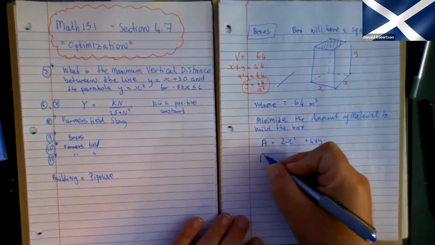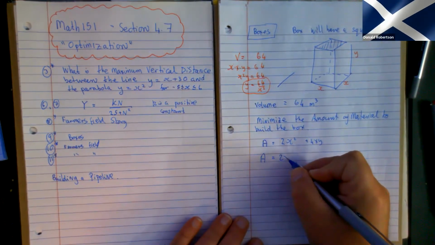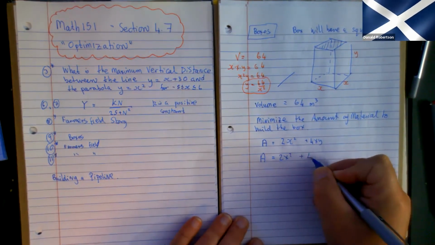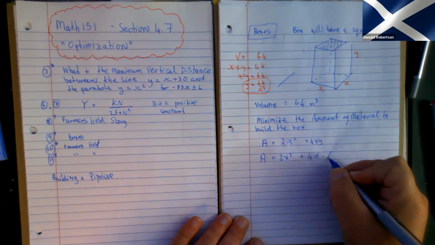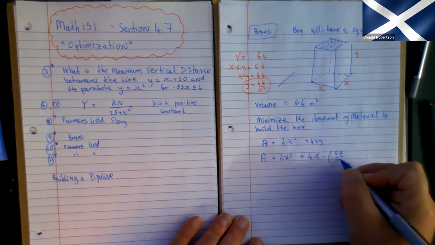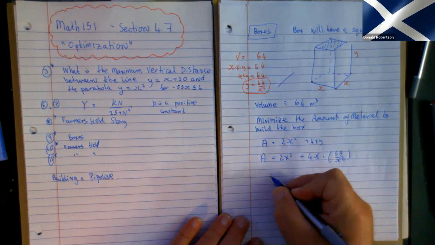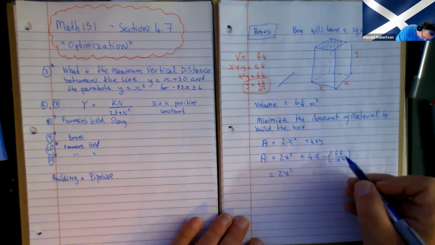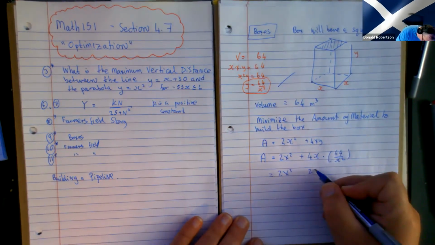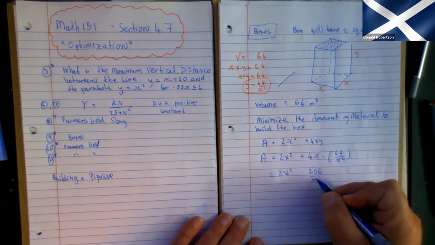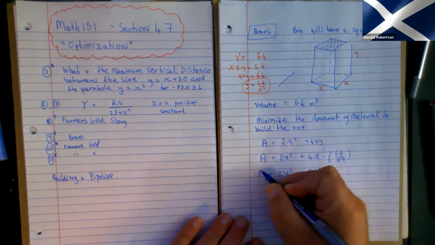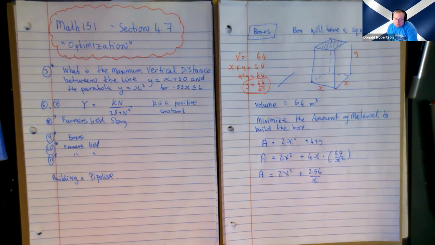So the amount of material is going to be 2x squared plus 4 times x times y. And that guy times that guy gets you 256 over x. So far, so good.